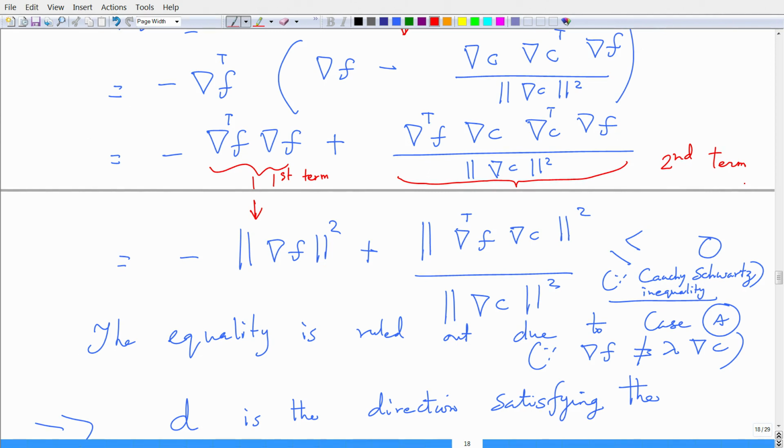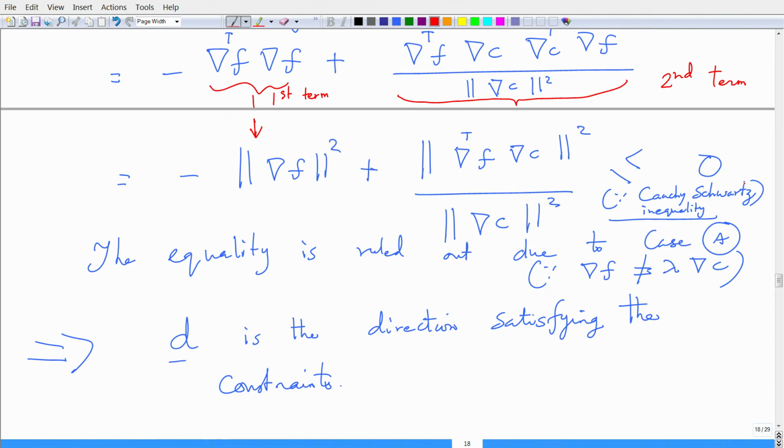With the simplification, this term, minus norm del F square plus norm of del F transposed del C square upon norm of del C squared, is basically the Cauchy-Schwarz condition, and from the Cauchy-Schwarz inequality this quantity happens to be less than or equal to 0, with equality when del F equals lambda del C. But the condition for equality is ruled out, because we considered that in case A, therefore, del F is not equal to lambda del C. Therefore, this is going to be a strict inequality.